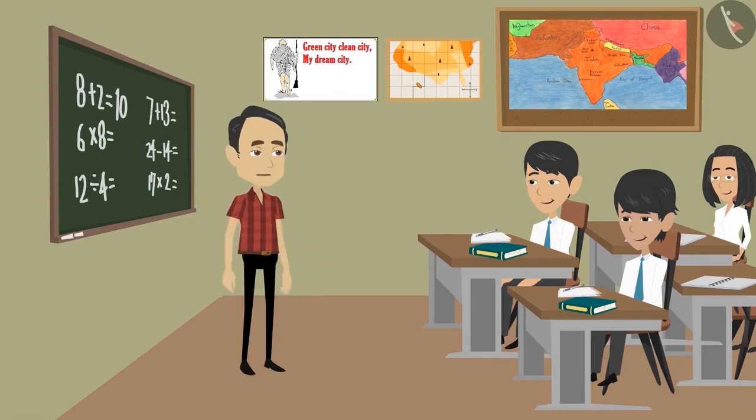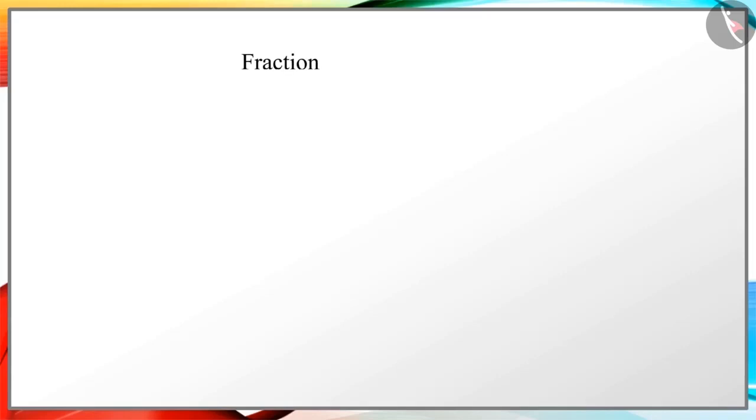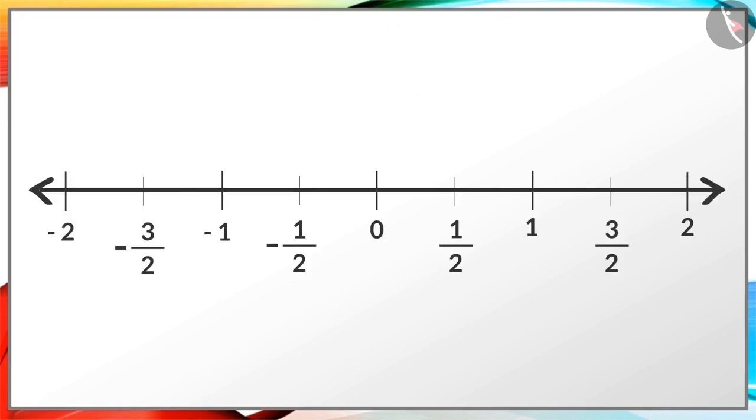Children, you have learned about fractions, where we used to write a number as a numerator and denominator. Now look at this number line. If we go half a step right from 0, we get 1/2.